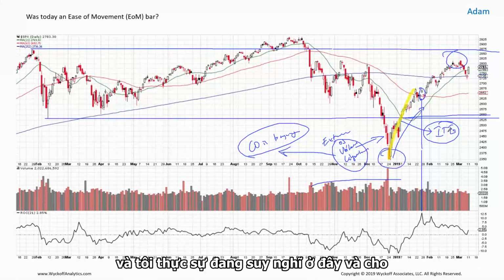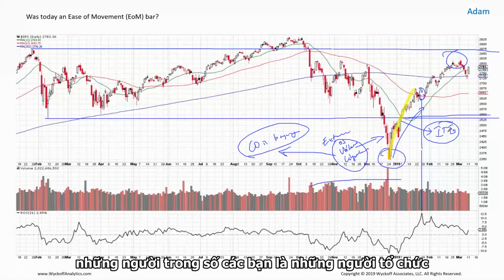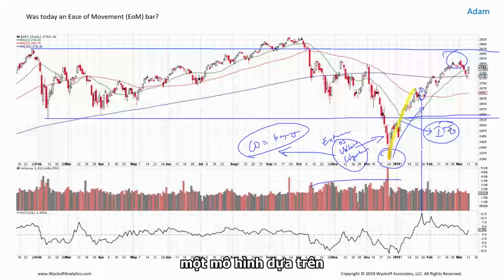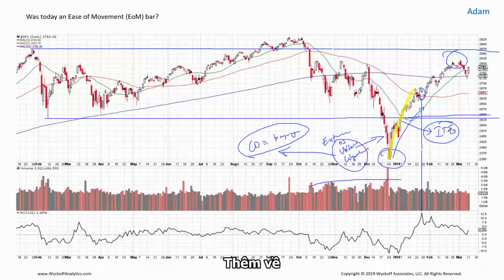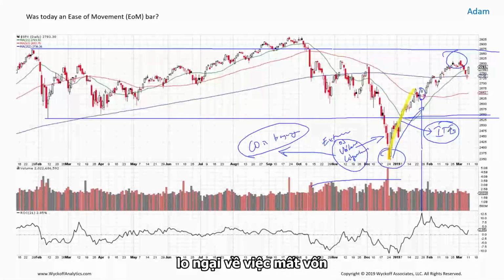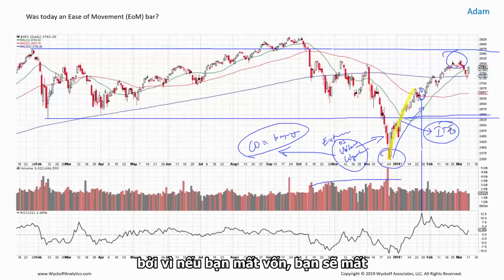And for those of you who are institutional guys, I think it's a model that was based more on the idea of the preservation of capital. In the institutional world, all of us are so concerned about losing the capital, because if you lose the capital, you lose your job. That's what it basically is.